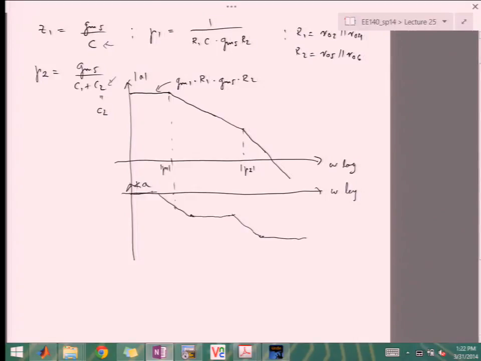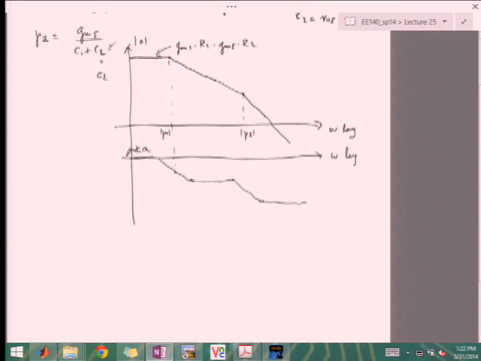So we could have a situation where somewhere over here we start breaking because the zero is over here. And in this case, that would mean that we actually start breaking to pi, or another 90 degrees down, because of the right half plane zero.